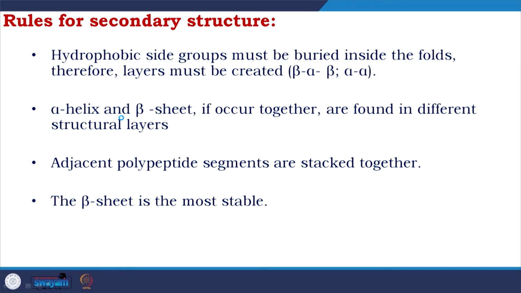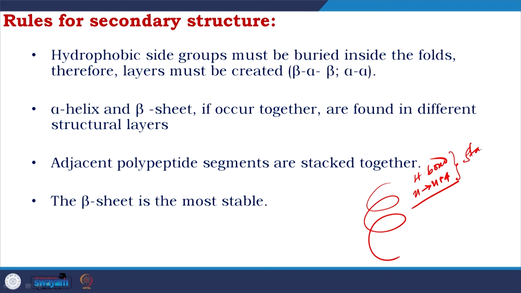Why are beta sheets more stable? As we have told many times, when you talk about an alpha helix, they have hydrogen bonds at N+4, and because of that they are actually more stable as an independent unit.